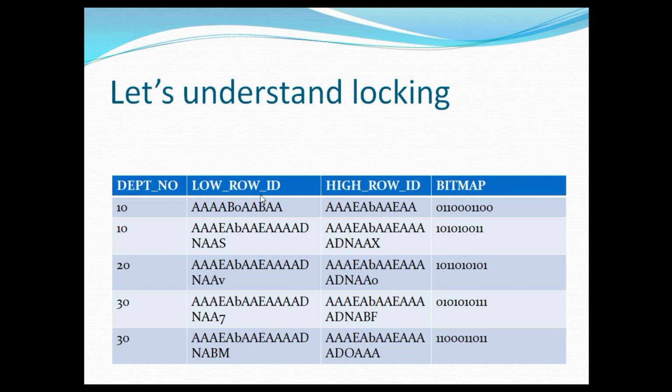When we update the employee from department 10 to department 20, he belonged to this chunk earlier and now he is going to this chunk. So this entry and this entry will be in exclusive lock mode. You cannot modify any other entry. At the same time, let's say a different employee from department 20 is being moved to department 10, but these two are already locked. That means he will have to wait.